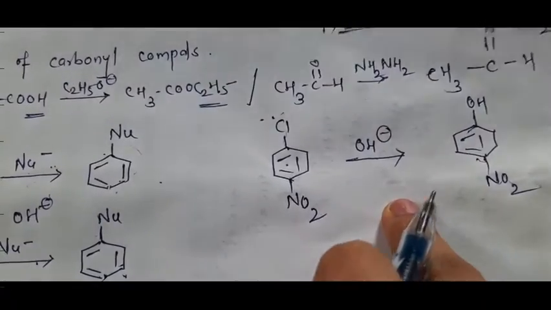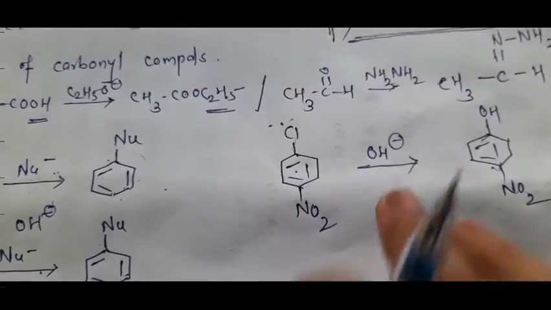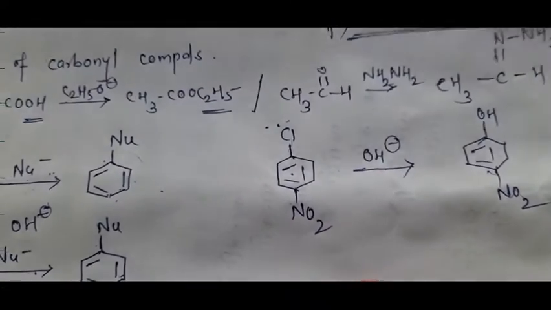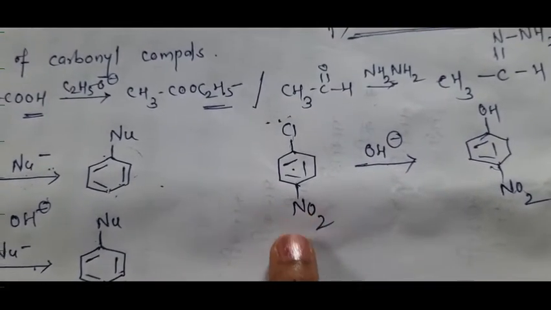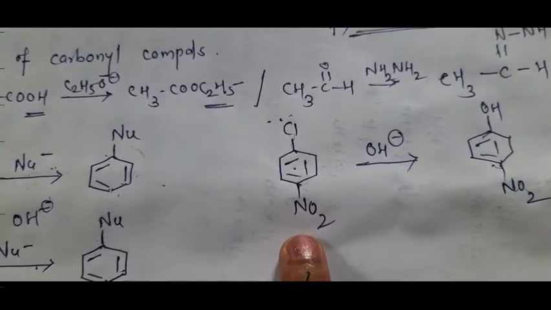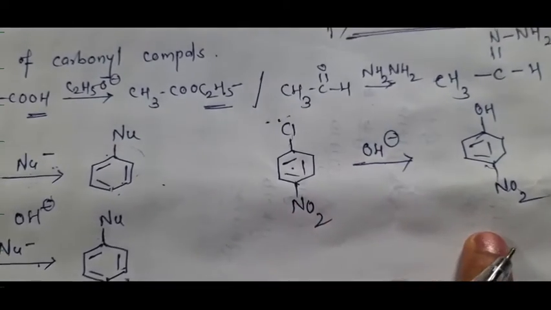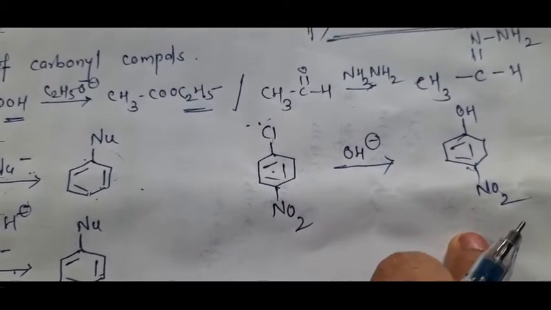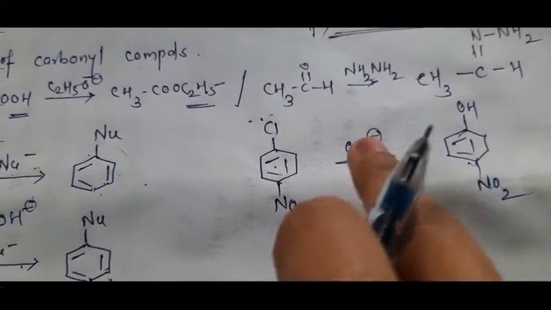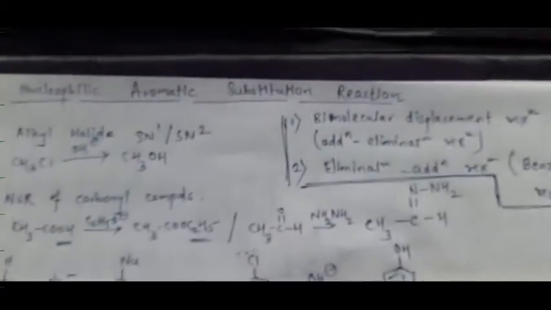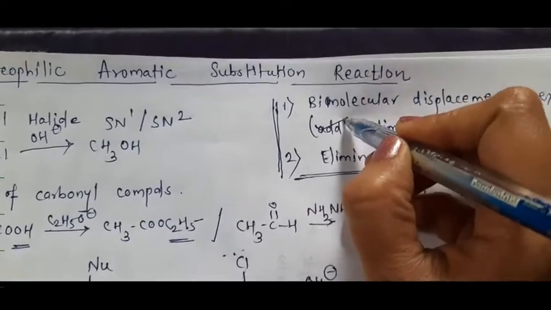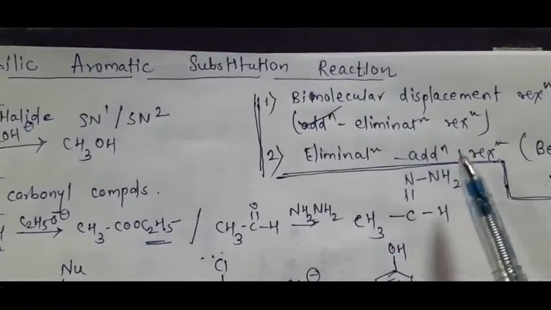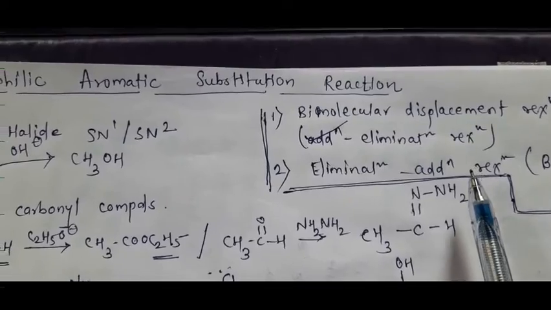At this time, just accept that when I have this electron withdrawing group present, only then is this particular reaction possible, and this reaction is an example of your first category, that is the bimolecular displacement reaction or addition elimination reaction.